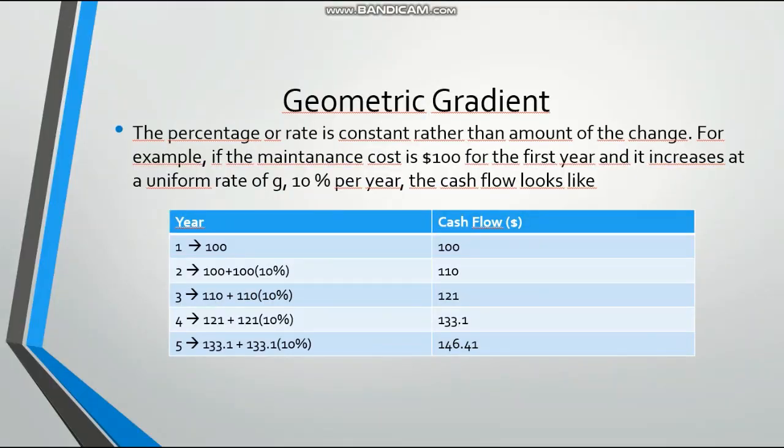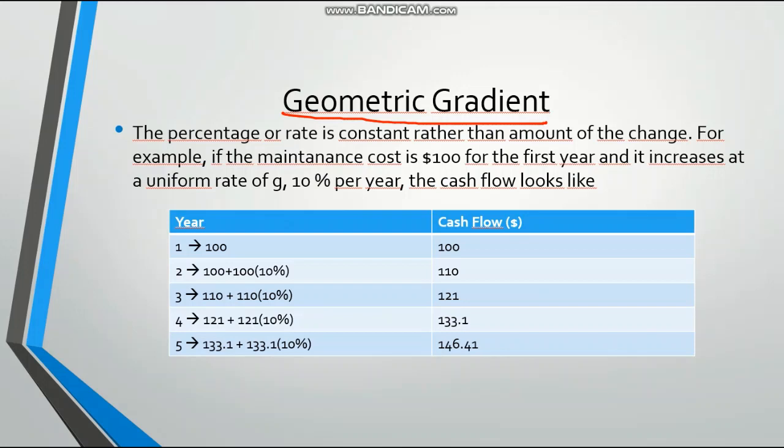Our second term is geometric gradient. The percentage or rate is constant here rather than the amount of the change. So instead of, for example, a $10 increase like 120, 130, 140, the percentage is going to change, like 10% every year.